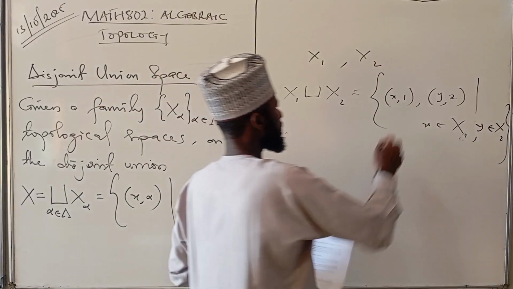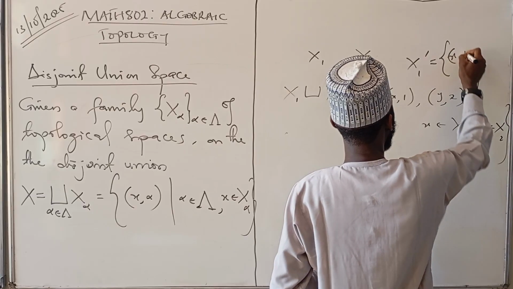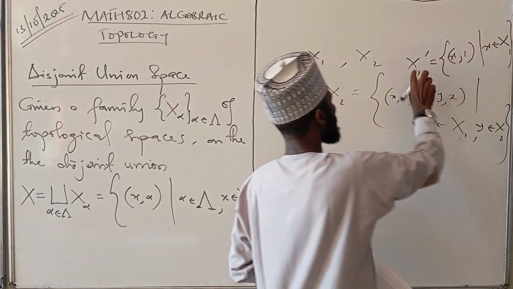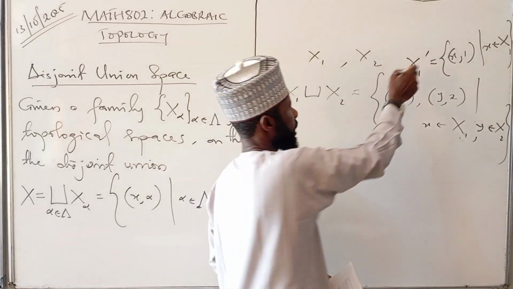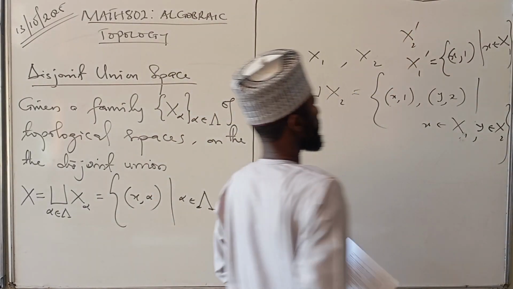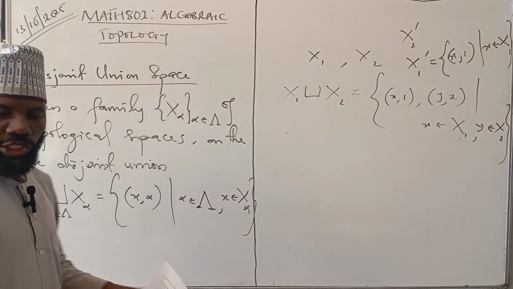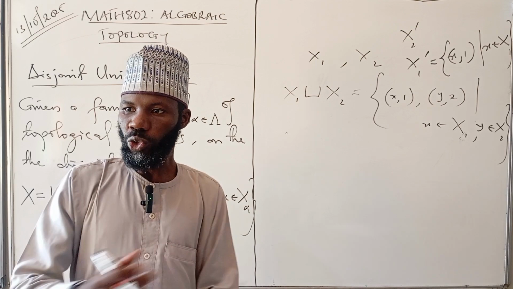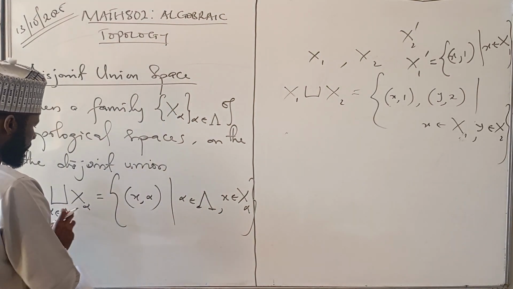But this set X1 prime, such that x is in X1, will always be disjoint from the other collection X2 prime, defined in a similar way. So you can always make the sets disjoint and then take the union. That is how we define the disjoint union of a family.